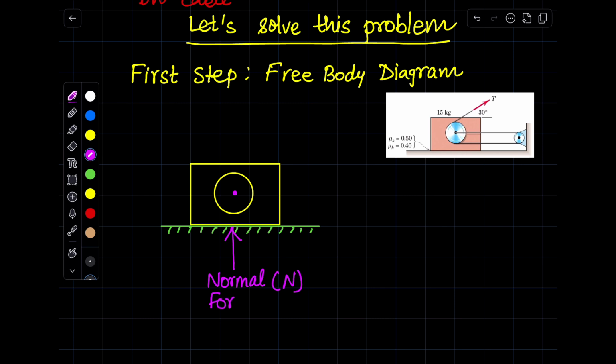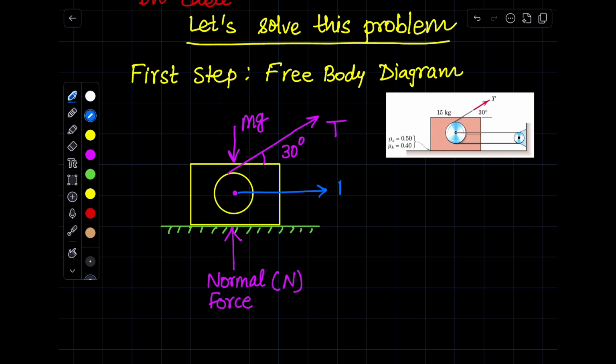So first of all we create the normal force which always acts perpendicular to the contact surface. Then I will make the mg which is working in the downward direction. Now I will create the tension T force which is given in the problem at 30 degree. So this T is from the cable.